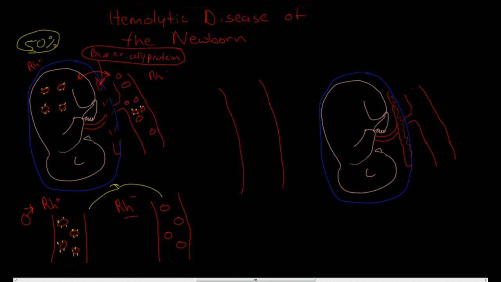So now the mother's bloodstream is all of a sudden exposed to Rh positive blood. Now, what happens? It doesn't cause a major problem. It's not very much blood. It's a very tiny little bit that slips across the placenta, so it doesn't cause the mother any problems.